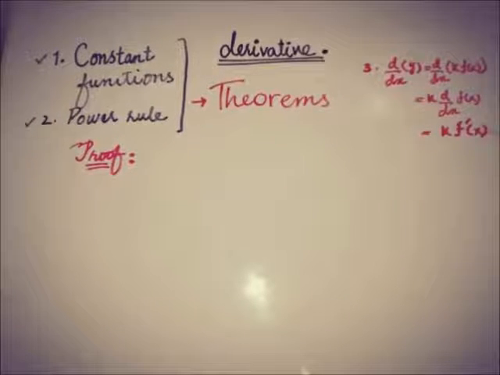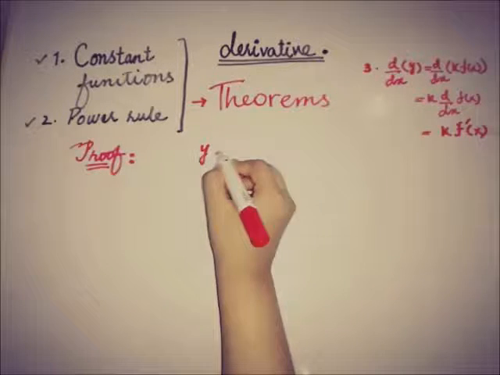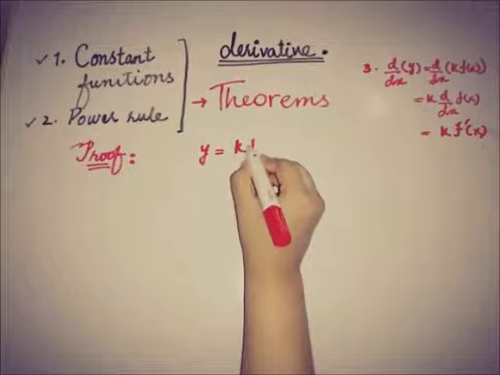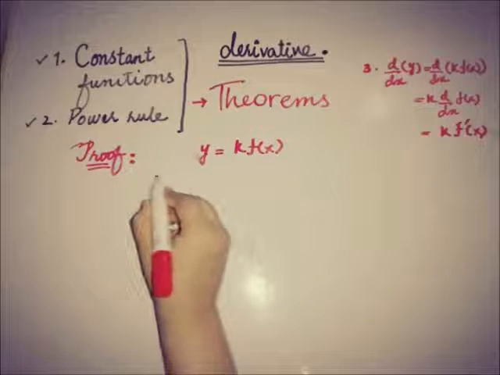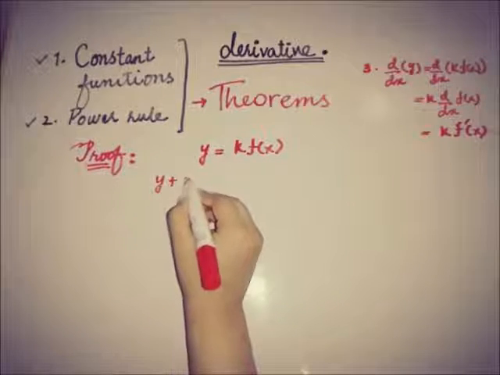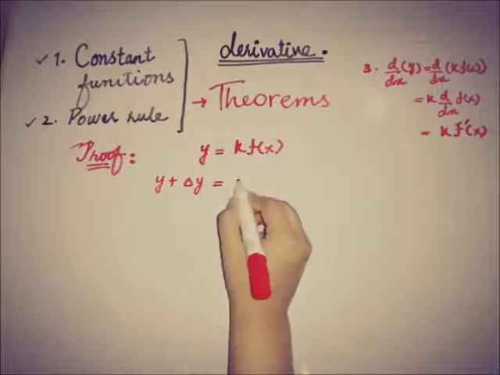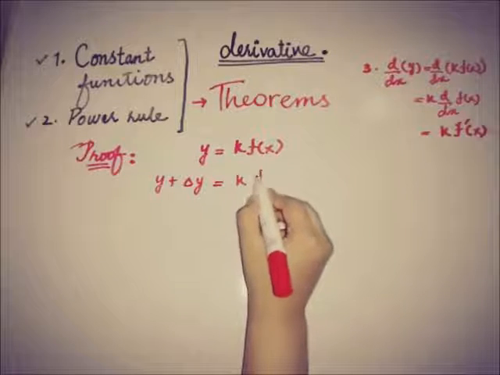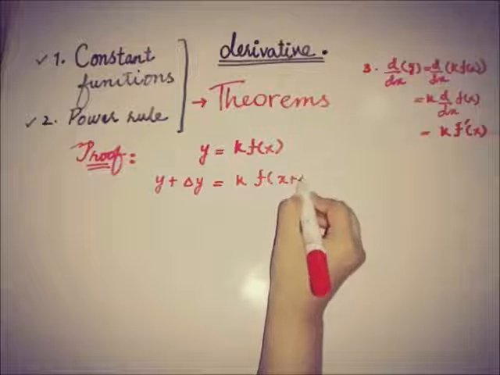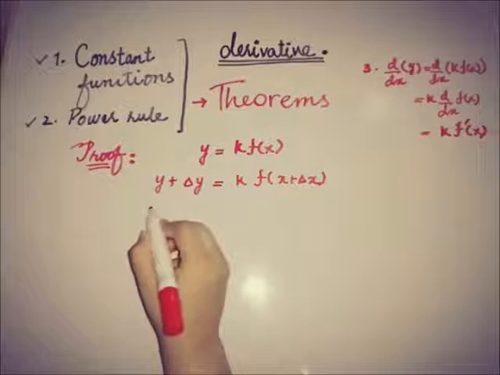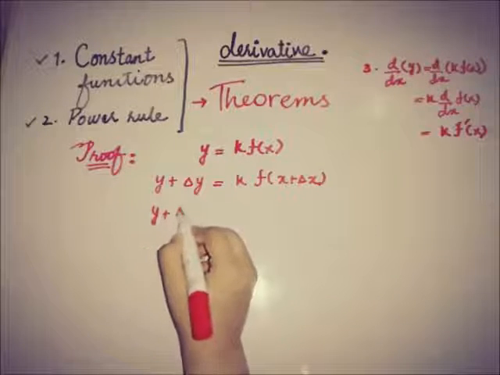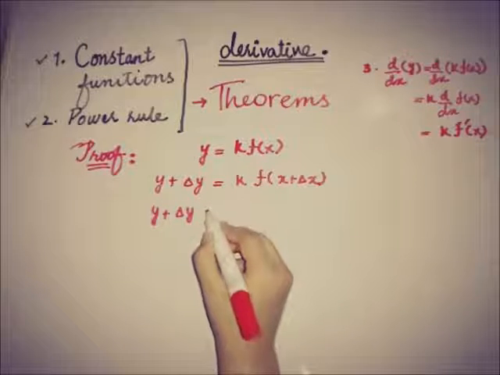So proving this third theorem, writing the function first, then adding a small change. In the next step we have to find the difference of these two functions.